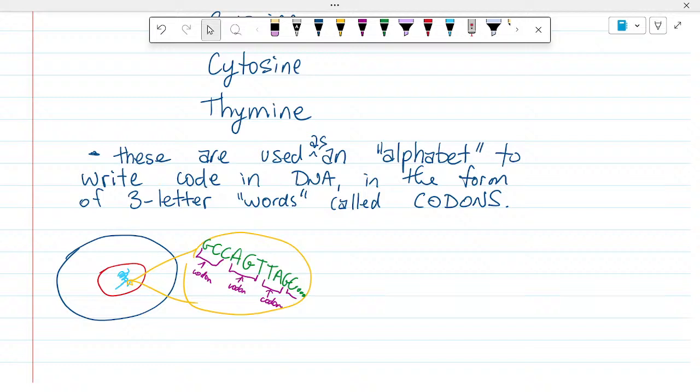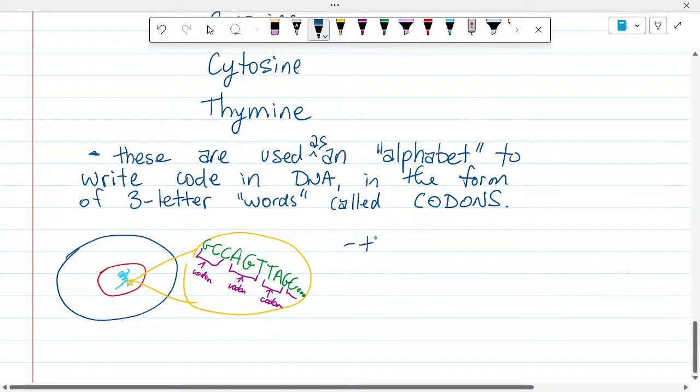So every word I'm using right now could be put in a different order and it would mean something totally different, right? So the order of the codons are used by the cell to tell it how to put together proteins.